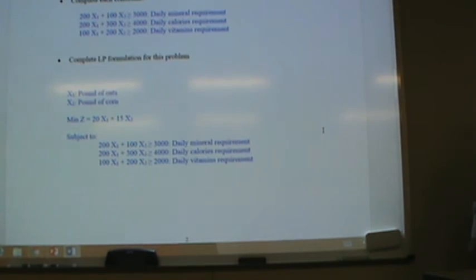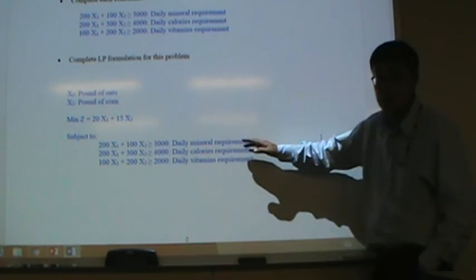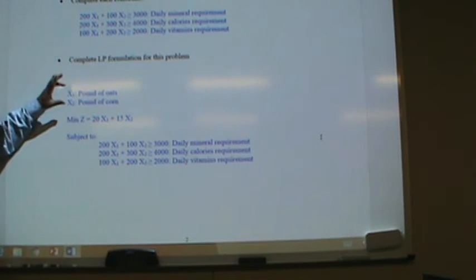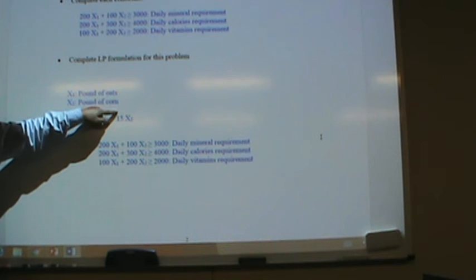Then the complete form looks like this. Decision variables x1 and x2, because there are two ingredients, oats and corn.